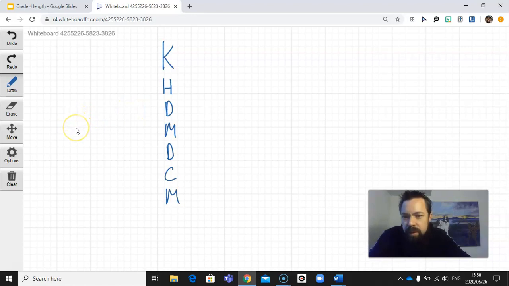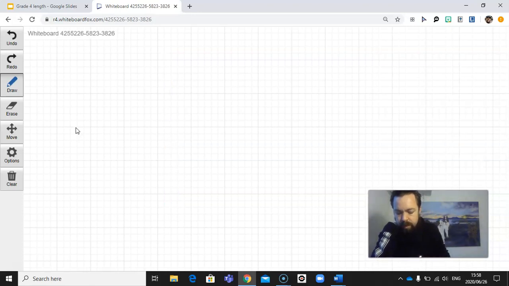King Henry's daughters make delicious caramel muffins. So in fact, I'm not going to put in all of the letters. All I'm going to write down is the symbols. Kilometers, hectometers, decameters, meters, decimeters, centimeters, and millimeters.